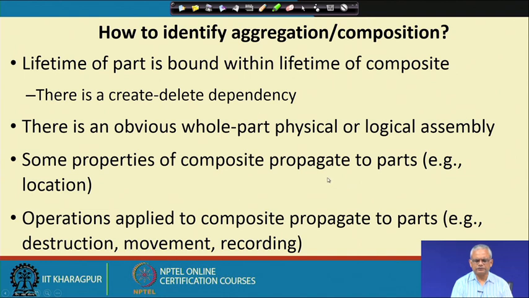So, when the car moves, the parts also move. When an operation is applied to the composite, it is propagated to the parts. For example, if we destroy the composite, the parts also get destroyed.